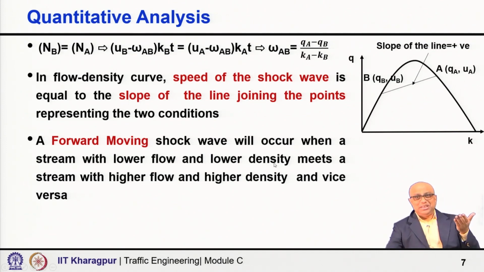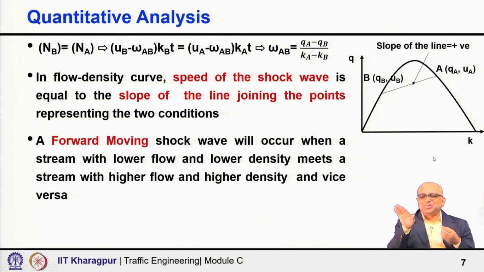Now, given this background, when will a forward moving shock wave be created? Forward moving means with a positive slope. Obviously, the slope of this line will be positive only when a stream with lower flow and lower density meets a stream with higher flow, higher density.